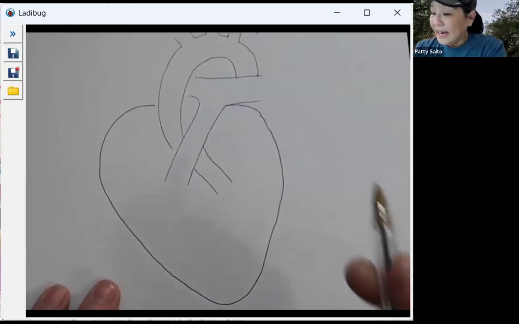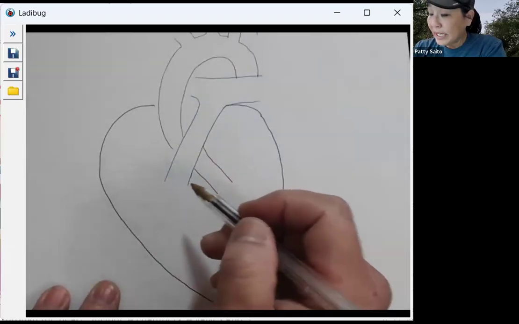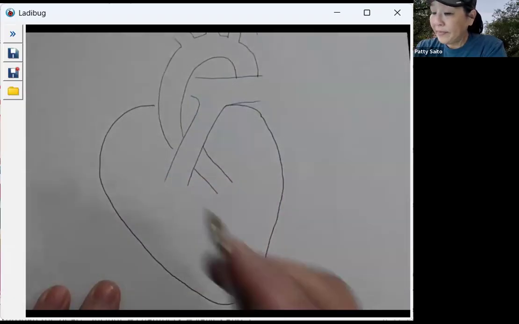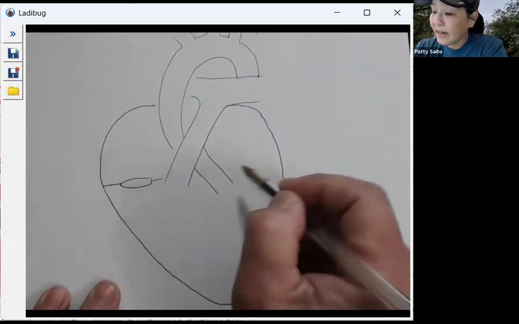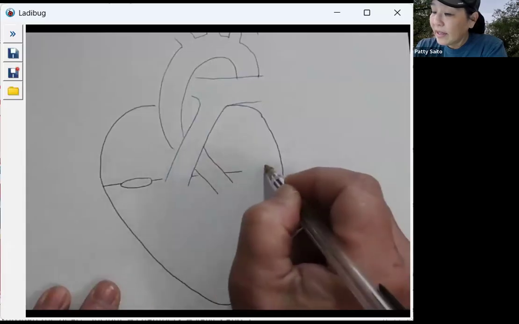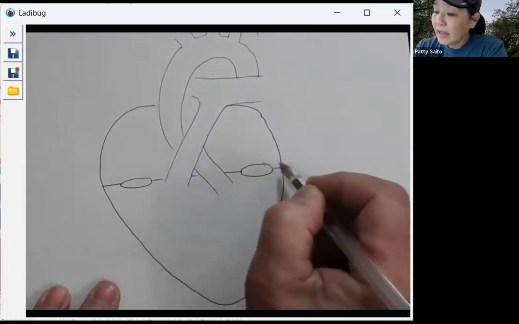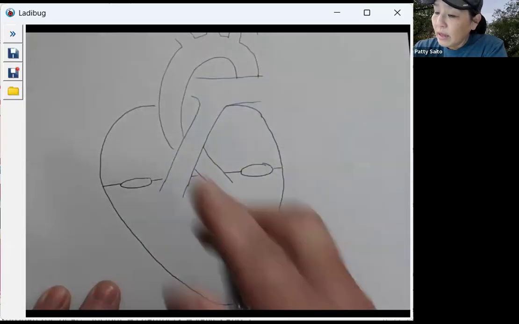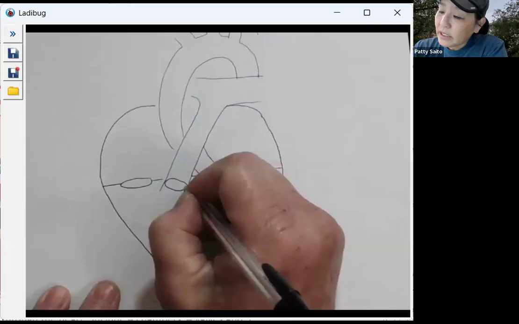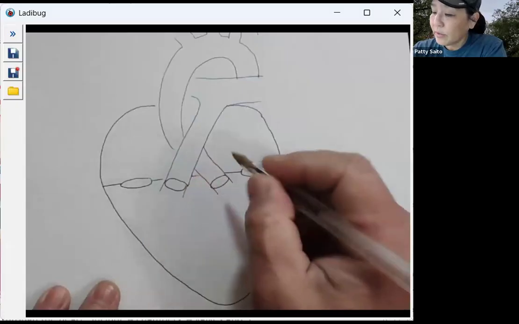Okay. All right, now I'm going to put my chambers in. So I'm going to put some valves in here that will allow blood to flow in a single direction.